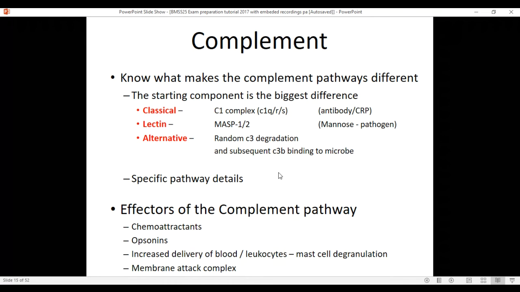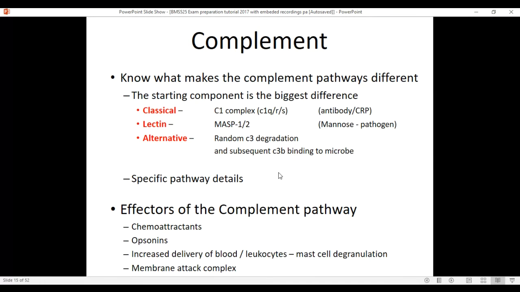And lastly, the alternative pathway, the thing that makes it different is it doesn't have any C1 complex. It kickstarts due to the random degradation of C3. And when C3 breaks down, it subsequently causes C3b to bind to the microbe, and that kicks off the complement pathway. But the thing that makes the alternative pathway different is it's distinctively different from the classical and lectin pathway.